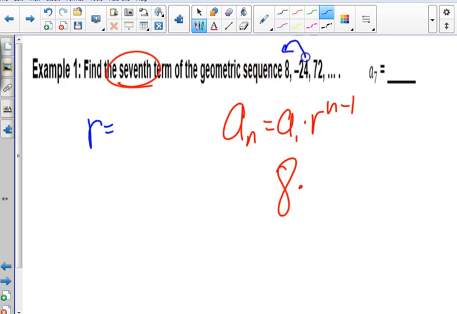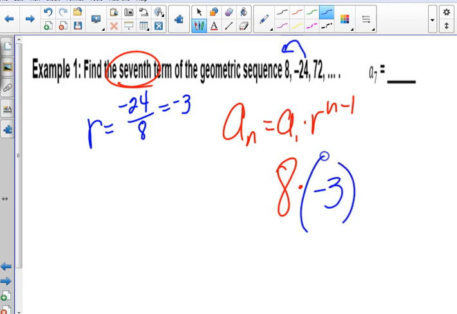Yeah. Take any term divided by the previous term. Same thing would work if you did 72 divided by negative 24, you'd get negative 3. And it's 6th power, to the 7 minus 1. Do I need parentheses? Okay.